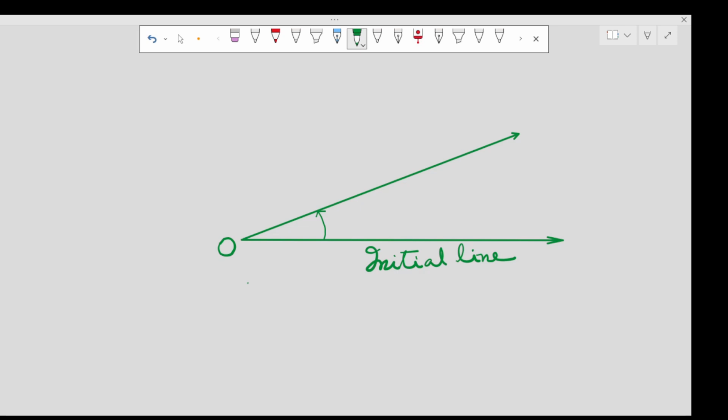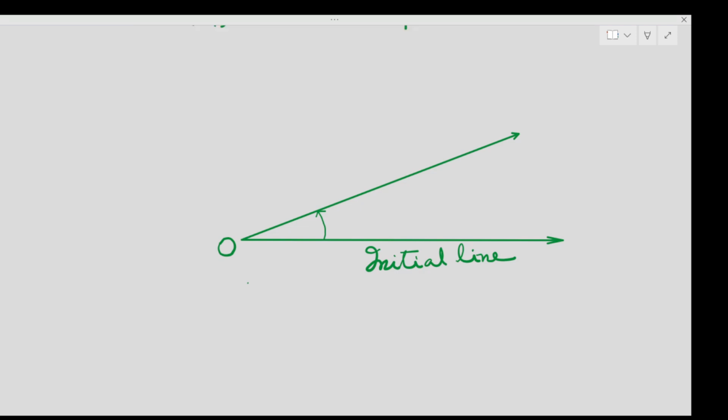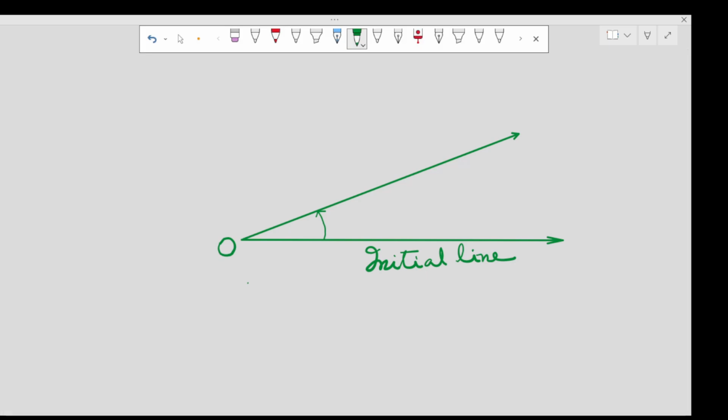Simultaneously we draw another line. See, this line is made by revolving in the clockwise direction. The angle made by revolving in the anticlockwise direction is called a positive angle, and the angle made by revolving in the clockwise direction is called a negative angle.